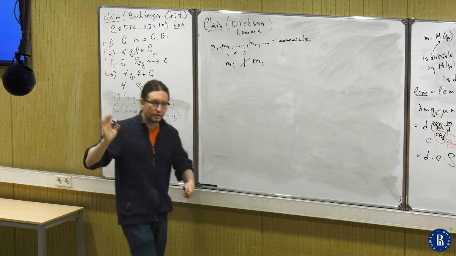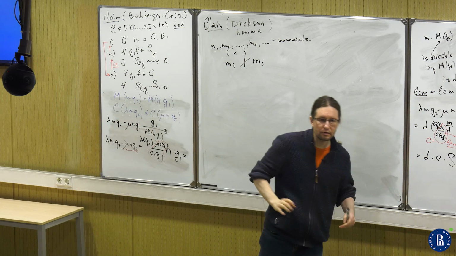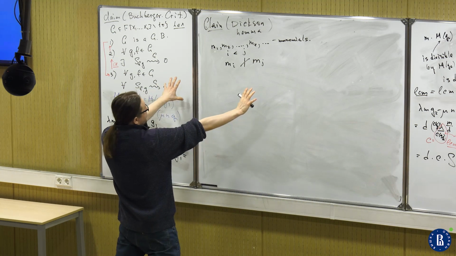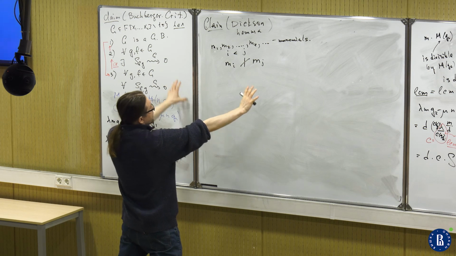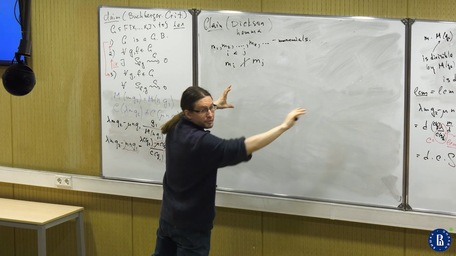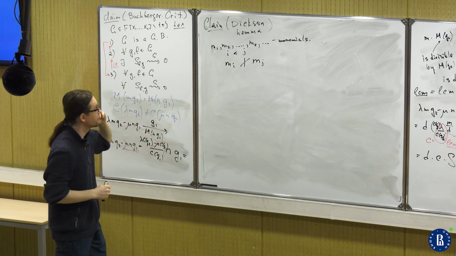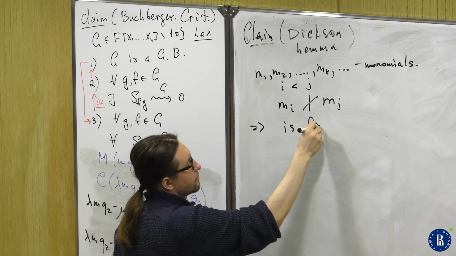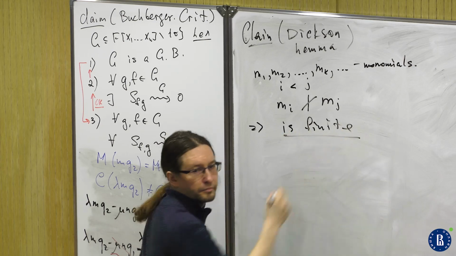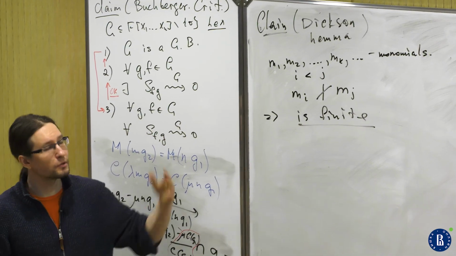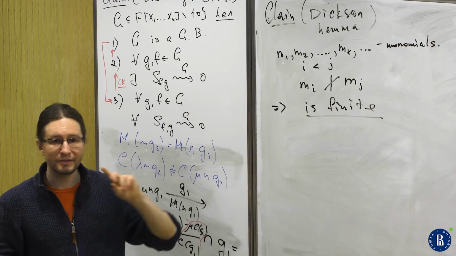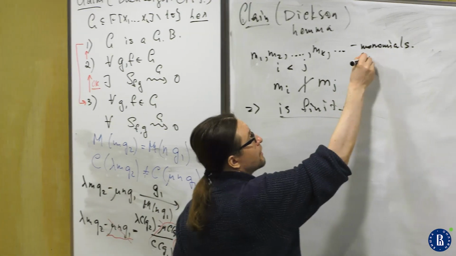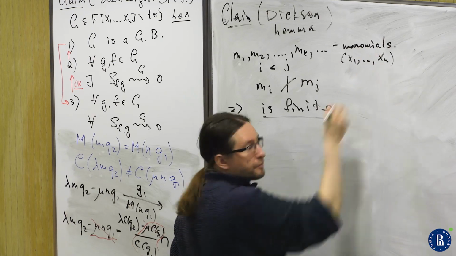So we have a sequence of monomials, and if you take two of them, the one that appears earlier doesn't divide any of the ones that appear after it. Then this sequence is finite. So it's impossible to find an infinite sequence depending on finitely many variables. So we have finitely many variables, let's say x1, ..., xn.